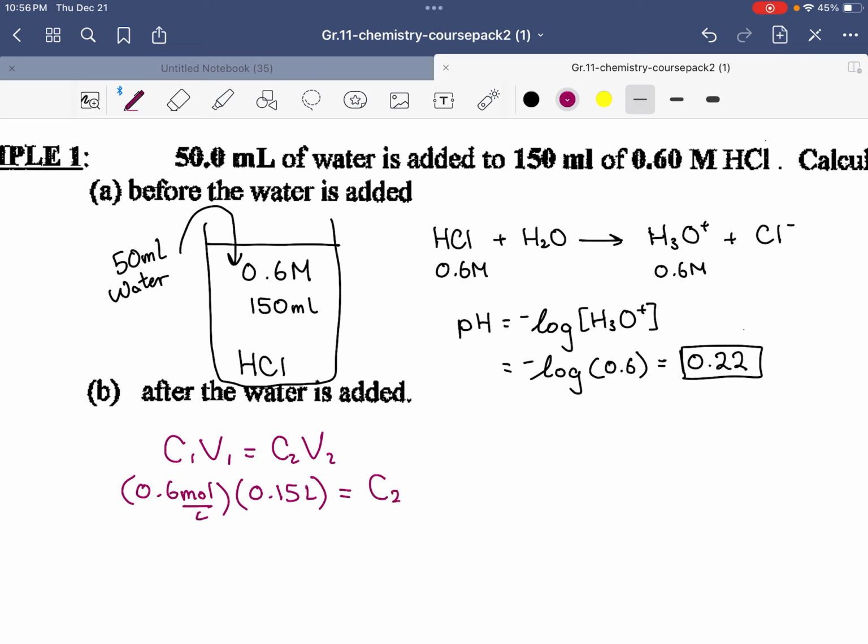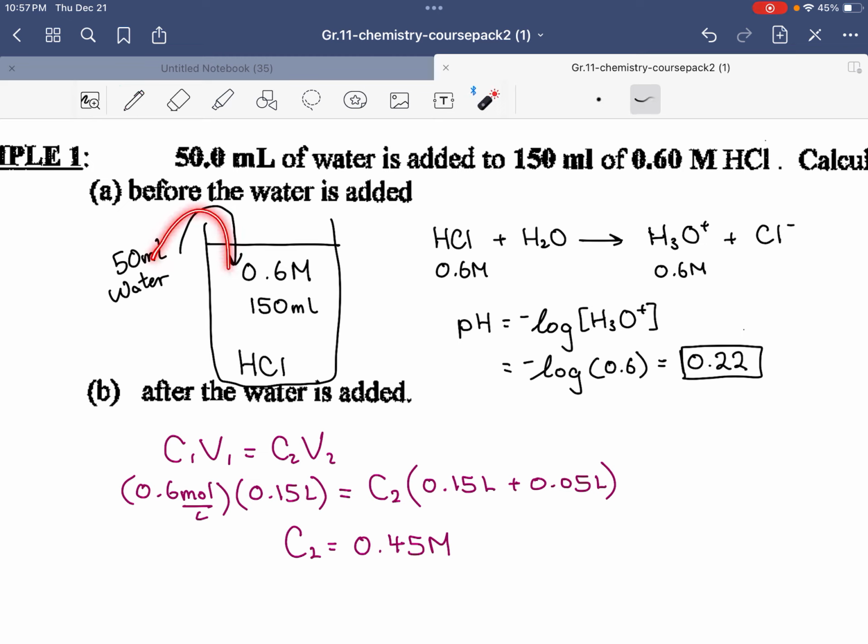And I want to know what the final concentration is, and the final volume here is going to be 0.15 liter plus 0.05 liters, because that's how much you're going to add. So C2 is going to be 0.45 molarity. Just like what we predicted, by adding water, the overall concentration right here will decrease because you're diluting.